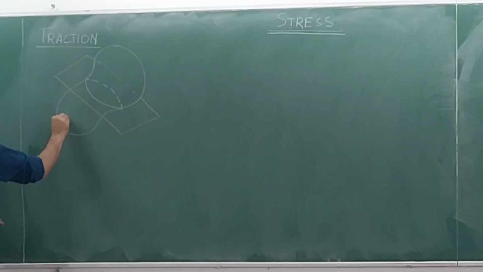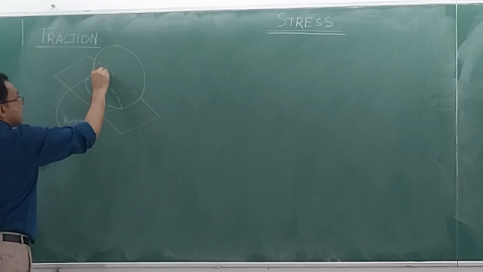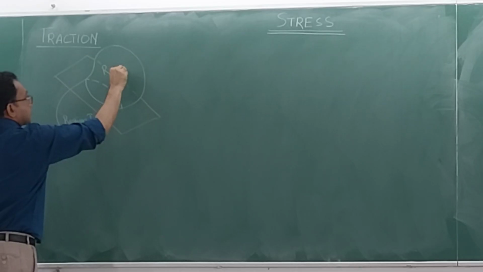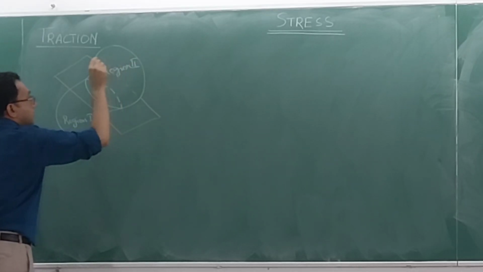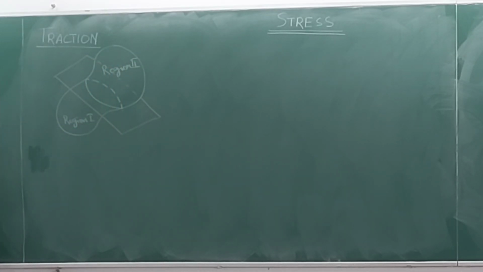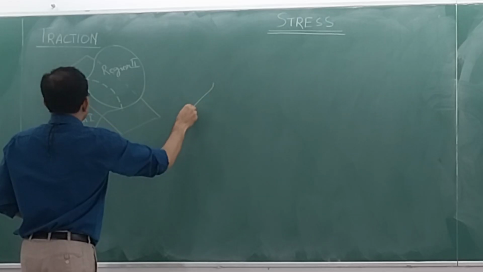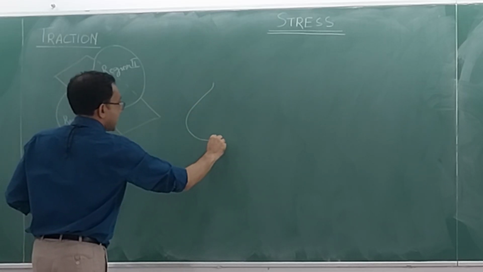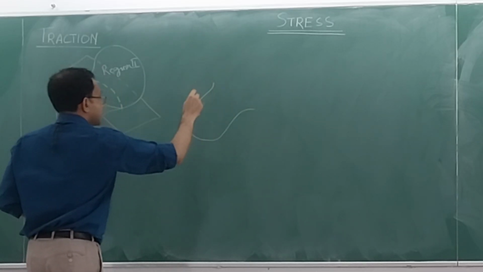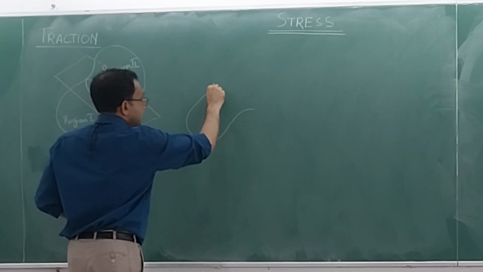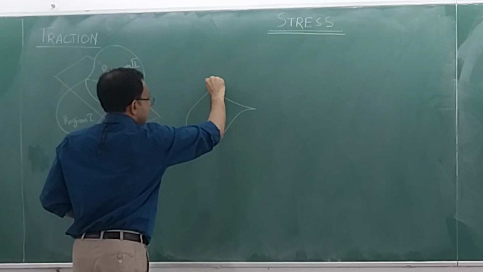This is region 1. This is region 2. For our purposes, we'll consider region 1 and we'll separate it out. So maybe something like this. I'm just trying to redraw region 1 as best as I can. Please accept that it is the same region 1.